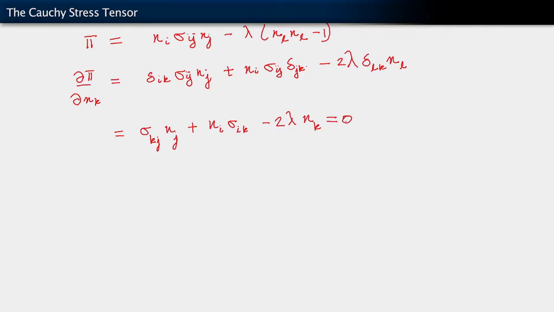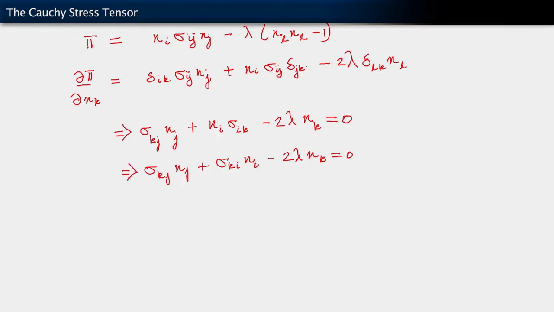Now, sigma is symmetric. So the first two terms can be written as sigma_kj n_j, which is the first term, no change there, but here I'm going to write this as sigma_ki n_i minus 2 lambda n_k equals 0. These are implication signs.